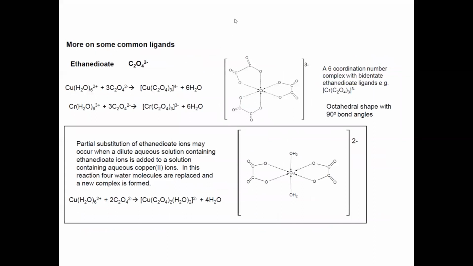Some common ligands like ethanoate or the carboxylate ion, which is C double bonded with O and C single bonded with O, is also a bidentate. Why? Because it can form two dative bonds.